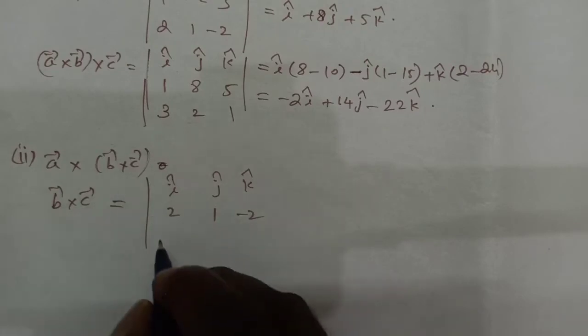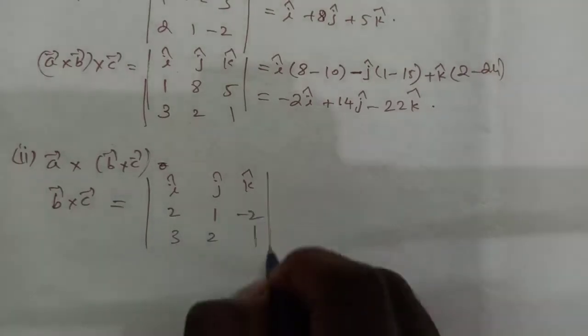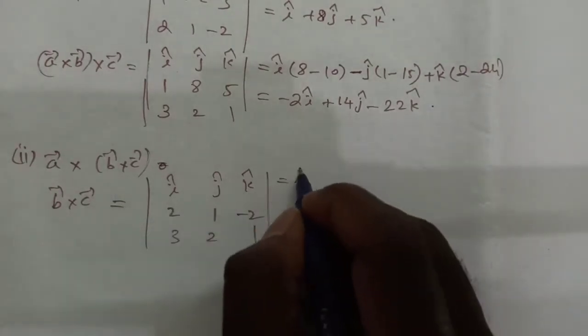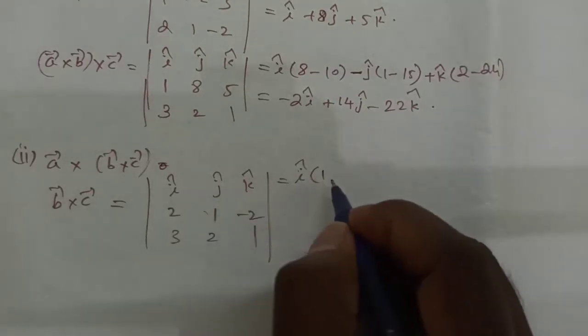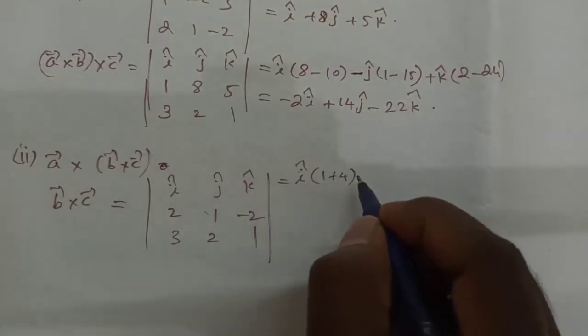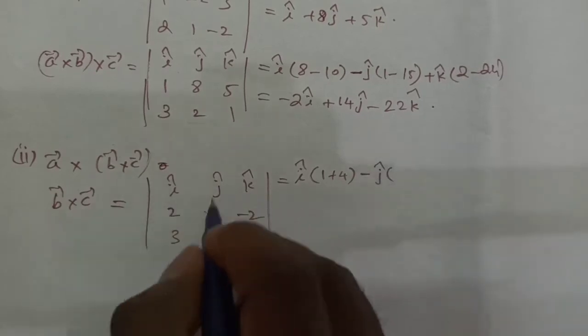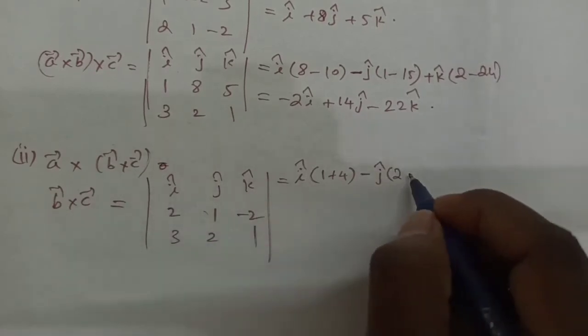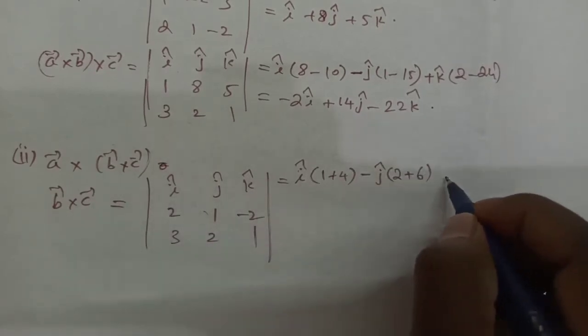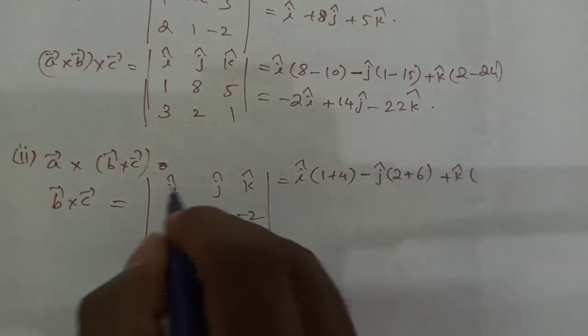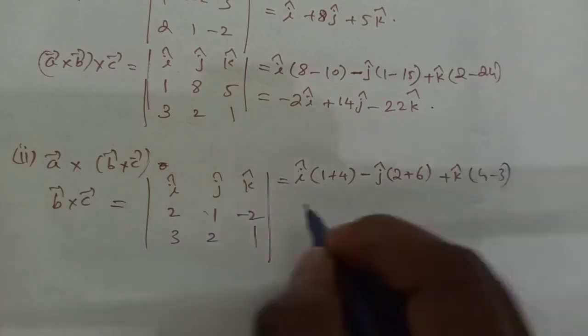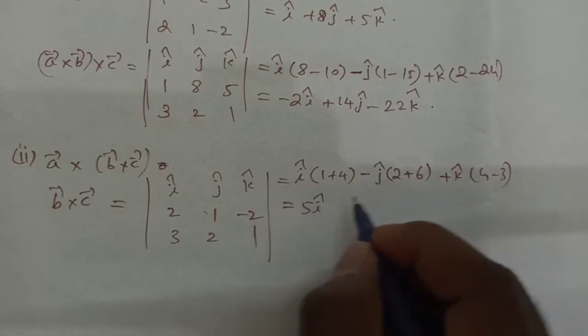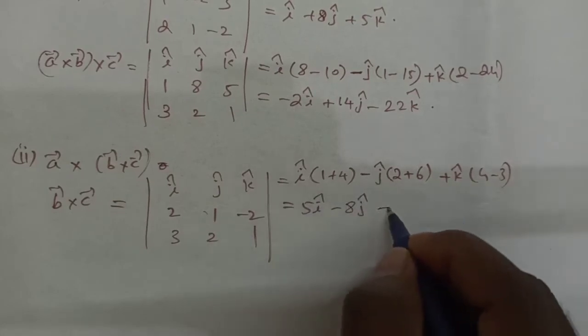Third row, c vector components 3, 2, 1. So next we have to expand the terms. So i cap into 1 plus 2, 4 minus... j cap into, so next 1 into 2, this is minus and minus plus 3 into 6. So plus k cap into, so next one 2, 4 minus 3. So 5 i cap, this is minus 8 j cap, this is plus k cap.